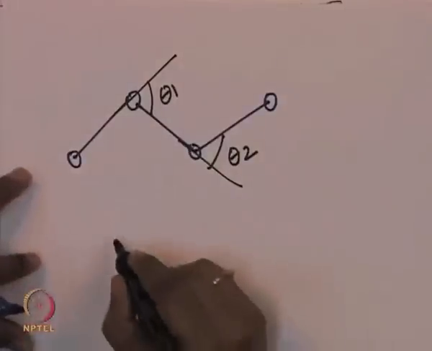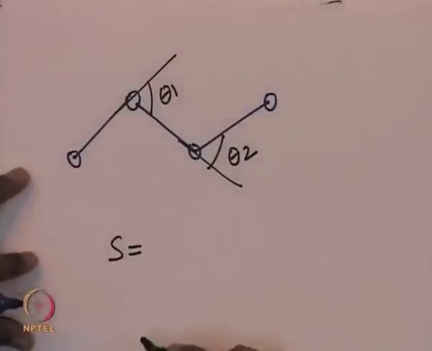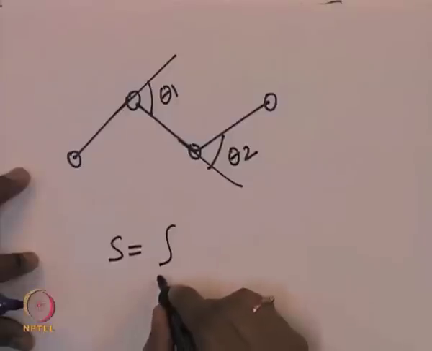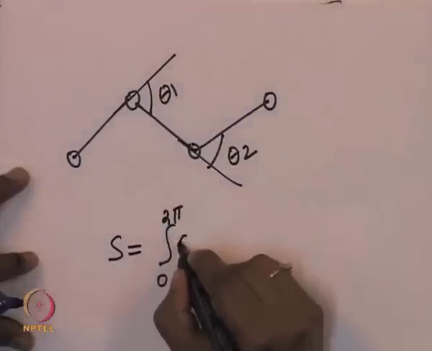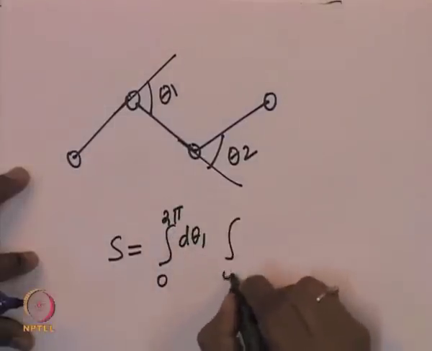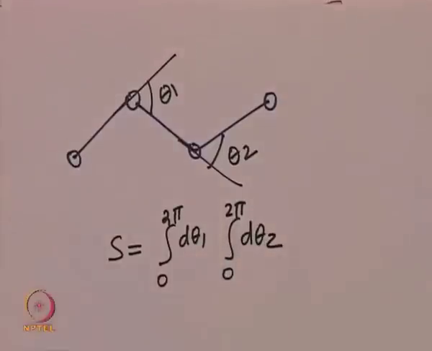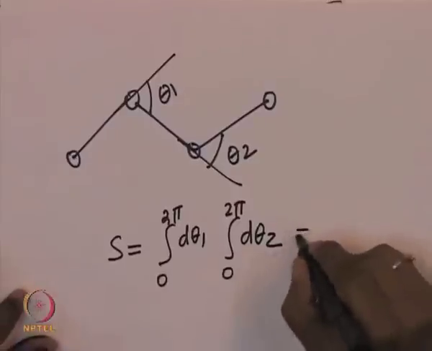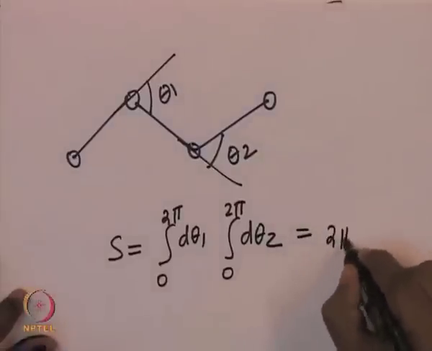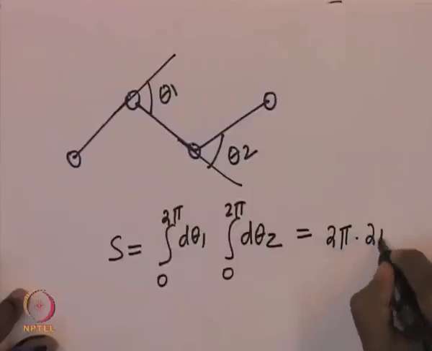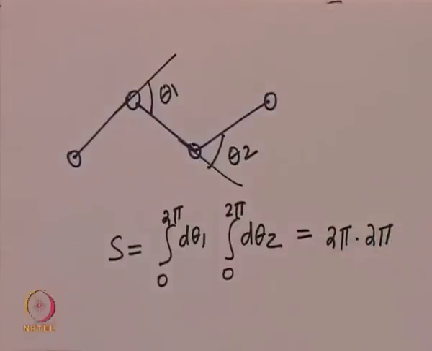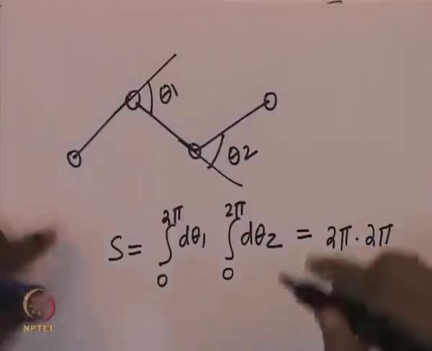So, the entropy in this case will be integral 0 to 2 pi d theta 1, 0 to 2 pi d theta 2. So, basically the answer will be 2 pi into 2 pi. So, 4 pi square. So, we can generalize this to n such angles.